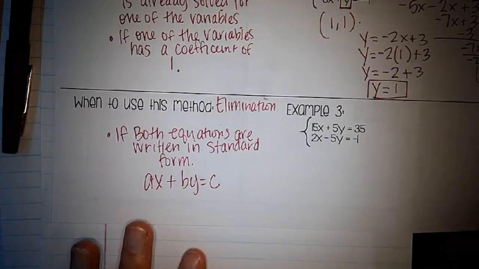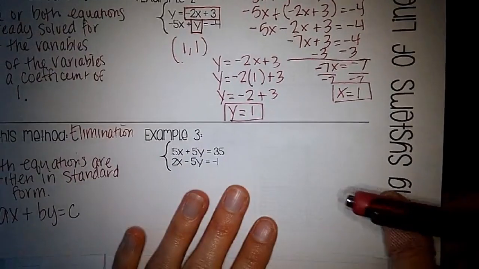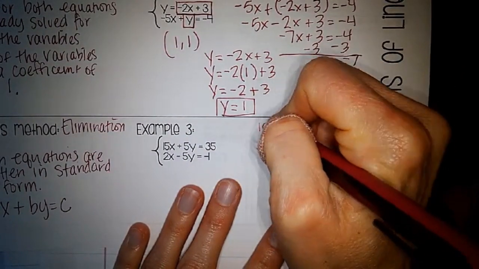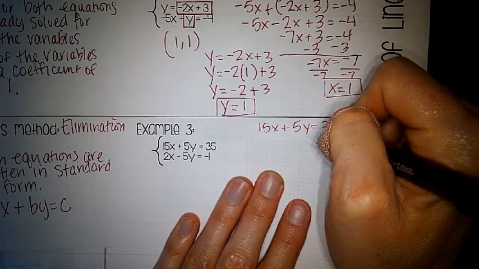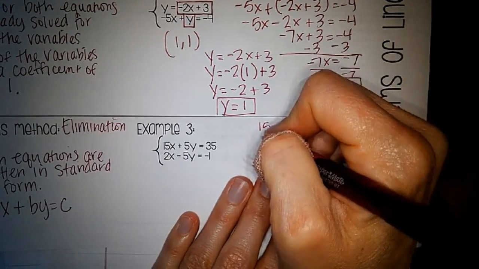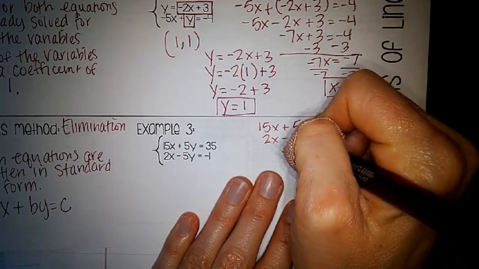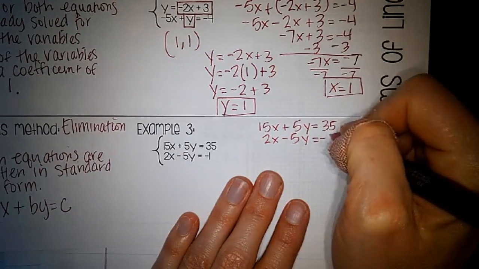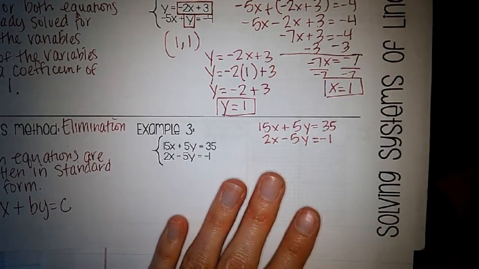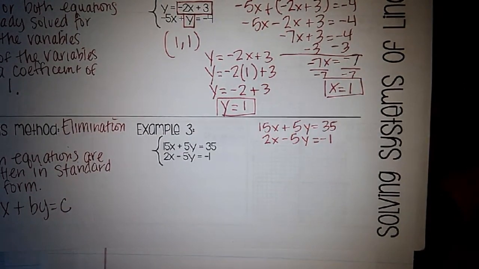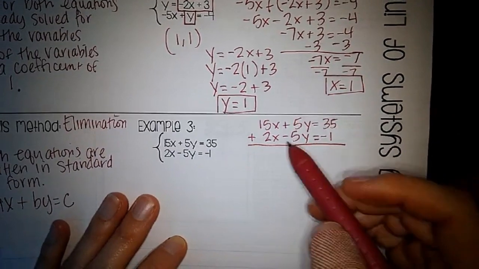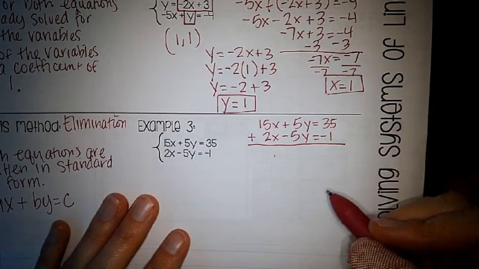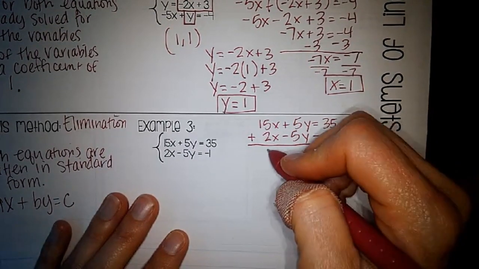Here we go. What do I do? I'm adding the equations together. Ready? 15x's plus 2x's is 17x's.